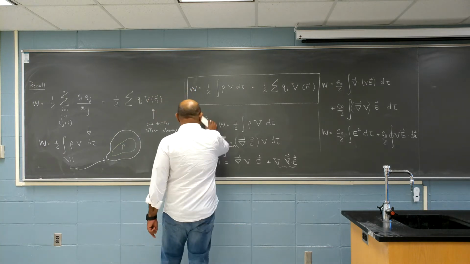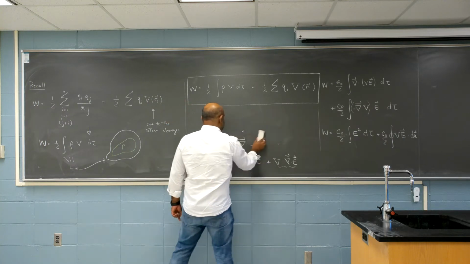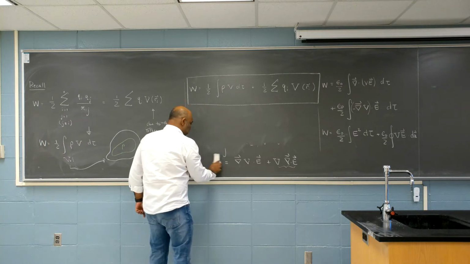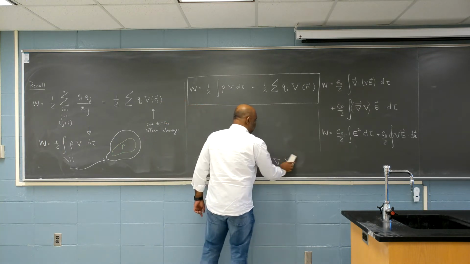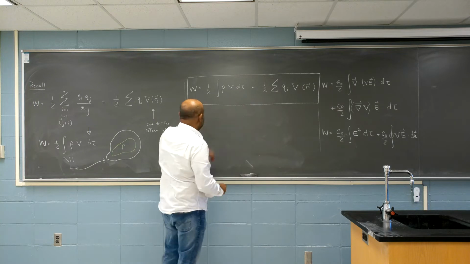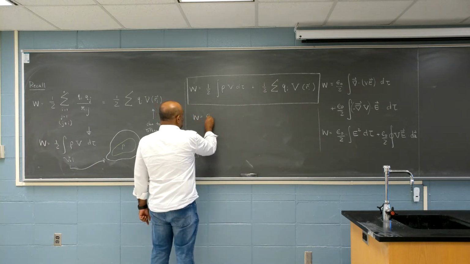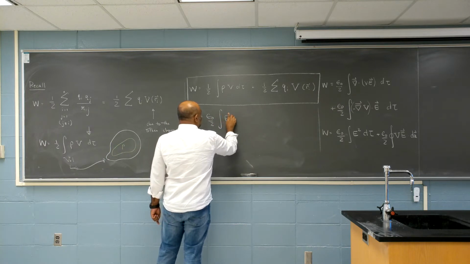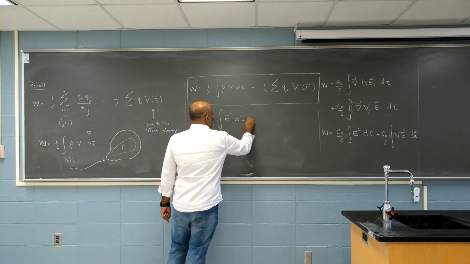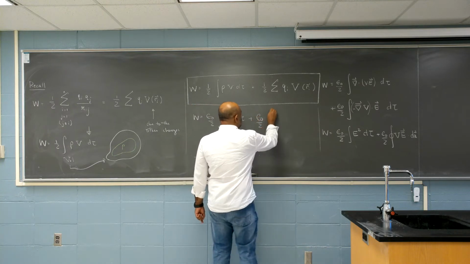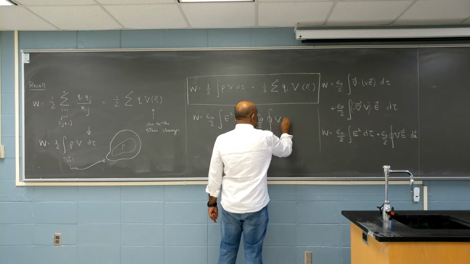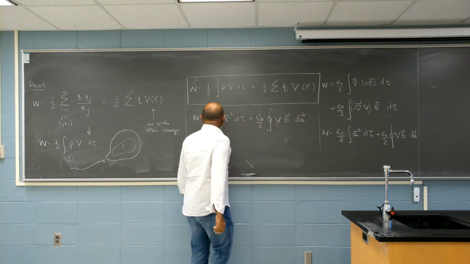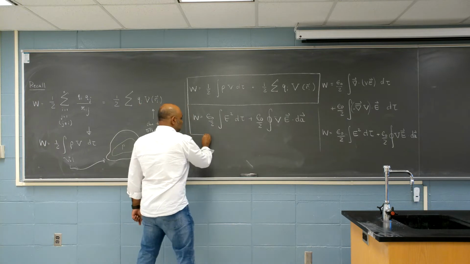So you should write what I write here at the end of this lecture, not quite yet. So I'm going to replace, this is a useful one, this is a useful one, and I'll have a simple epsilon naught over 2 integral of E squared d tau plus epsilon naught over 2 closed integral of V E dot dA. That is another version.